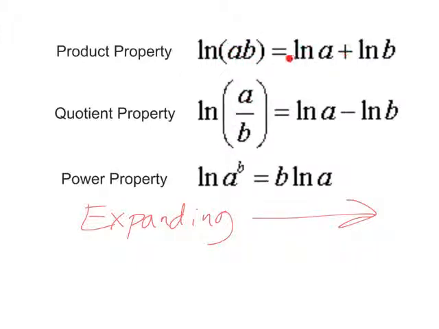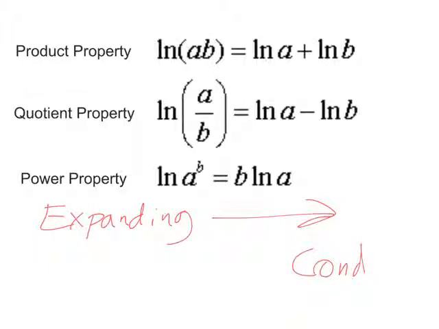You could have 15 factors there if you needed to. You'd have 15 different logarithms added together. You could have several on top, several on the bottom. The thing here to remember is any part of the numerator comes down as a positive logarithm, and any part of the denominator comes down as a negative logarithm, okay? So expanding, we go that direction, and then condensing, we go back the other way.